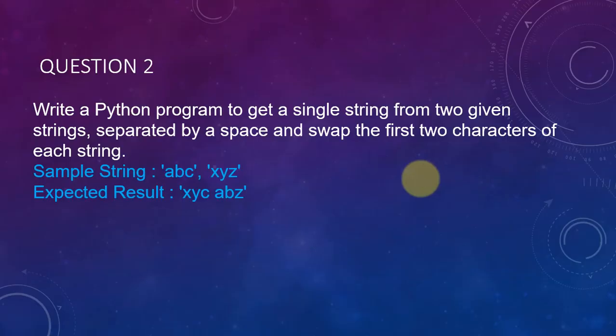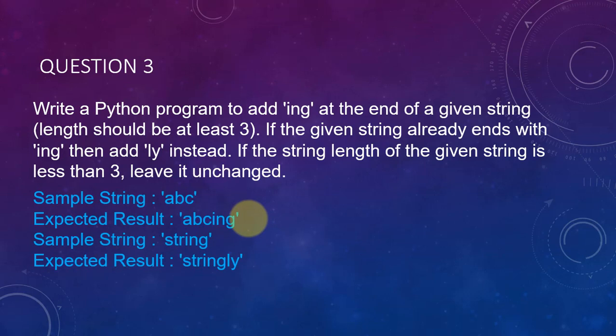Let's move to another question, which will be homework for you, and you should put some effort into solving it. Here is your question: write a Python program to add ing at the end of a given string. Length should be at least 3.